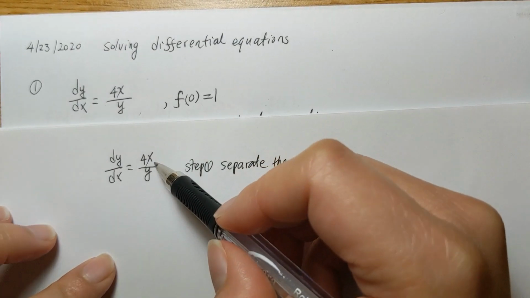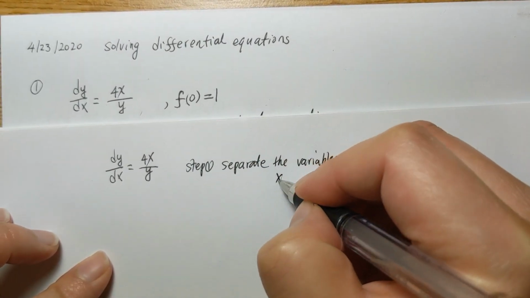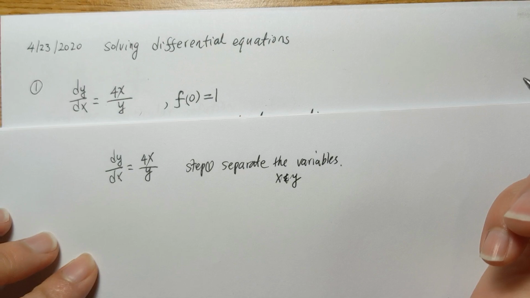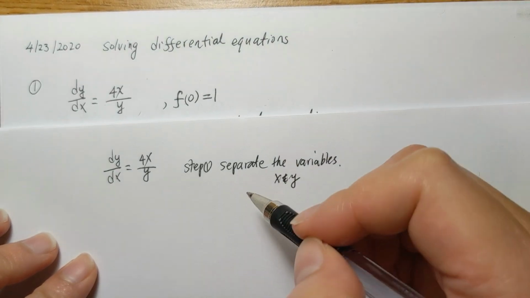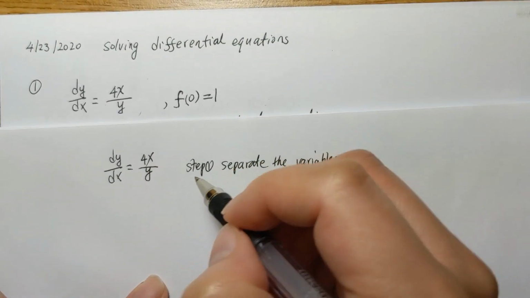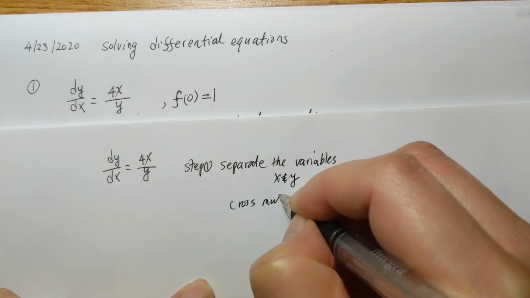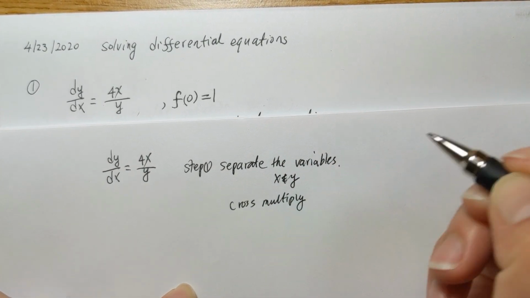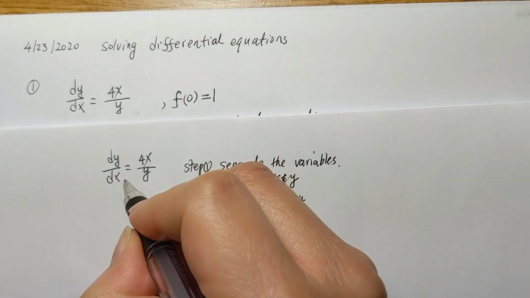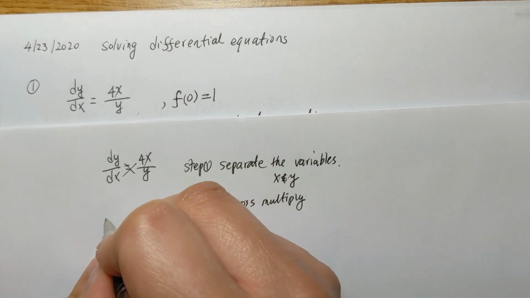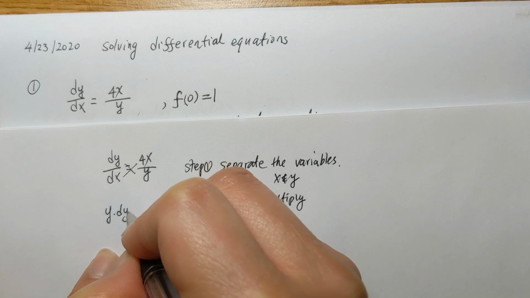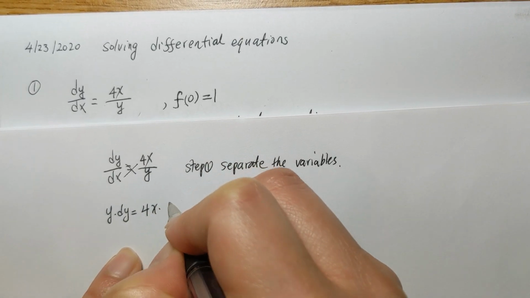The two variables are x and y, so you have to separate the x and the y. If they give you all the variables together, then you separate them. Now we use the method called cross multiply. So we get y times dy equals 4x times dx.